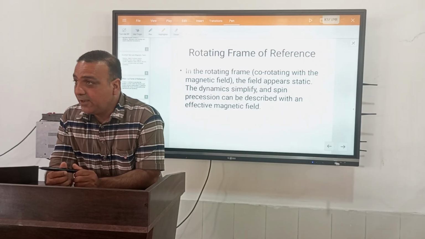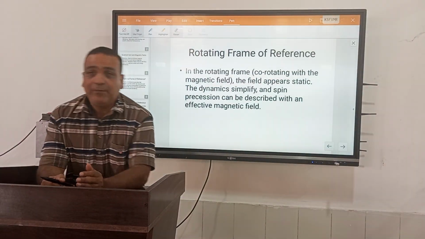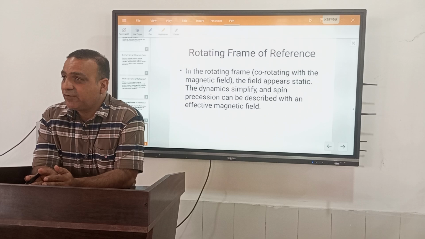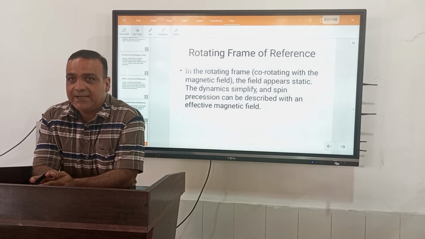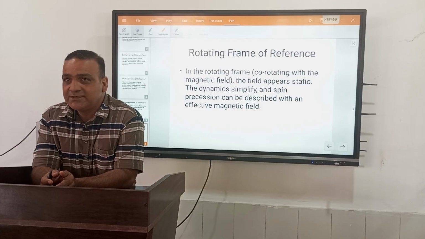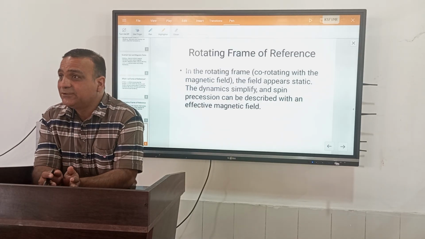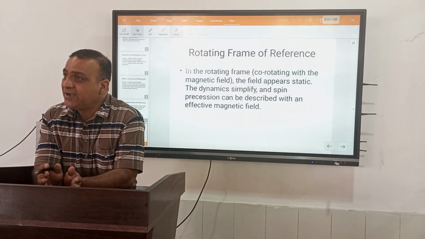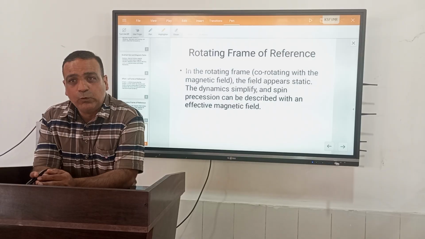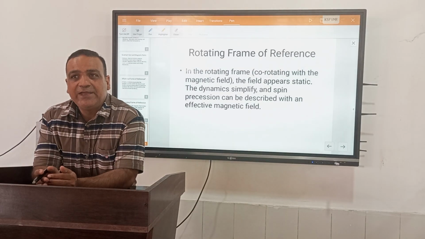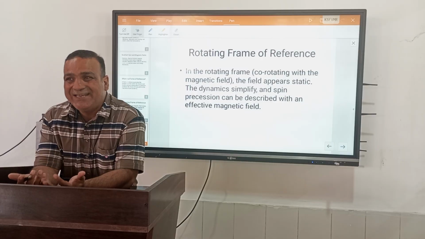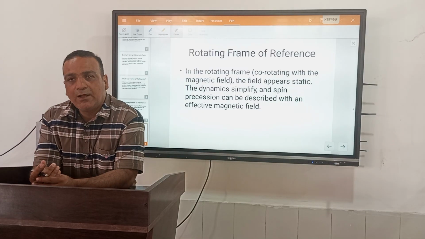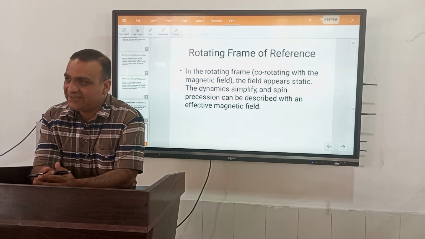Now we have been talking about the frame of references, the laboratory frame of reference and the rotating frame of reference. First, we talked about these two frames in the classical world, and then we tried to understand the impact of a rotating magnetic field on our quantum mechanical system.